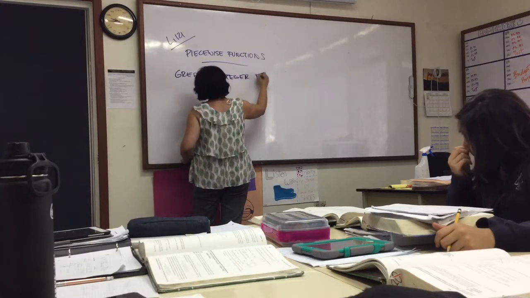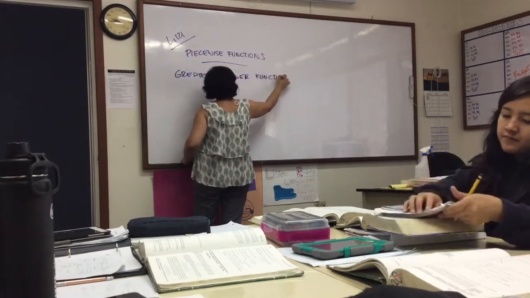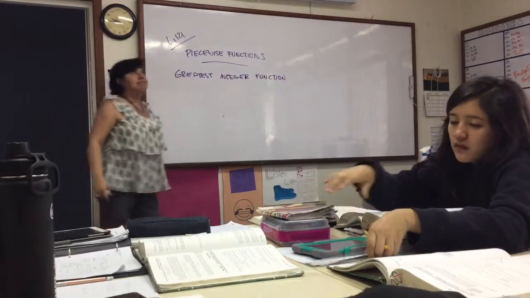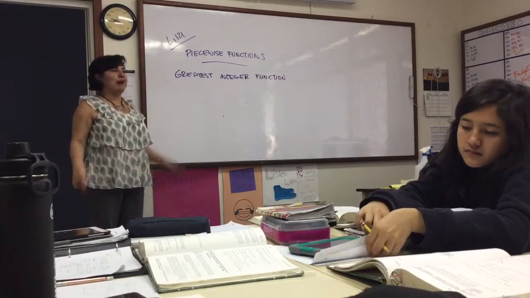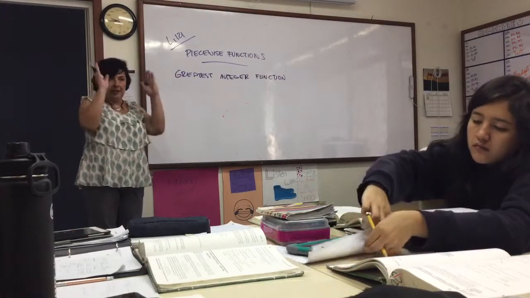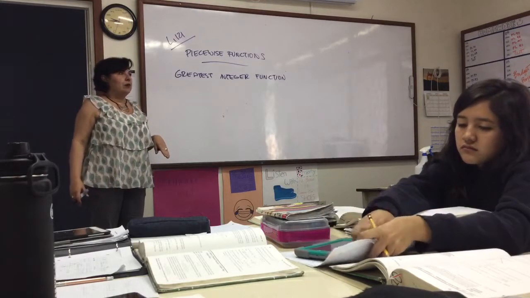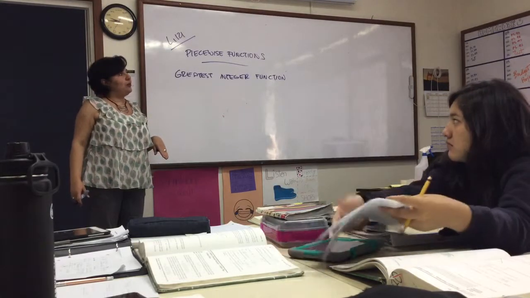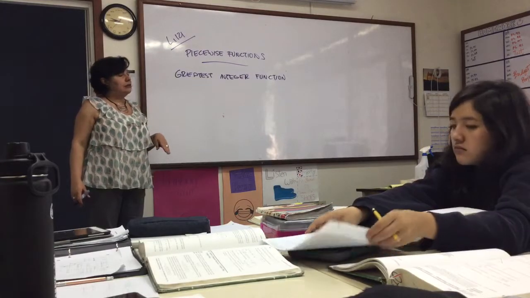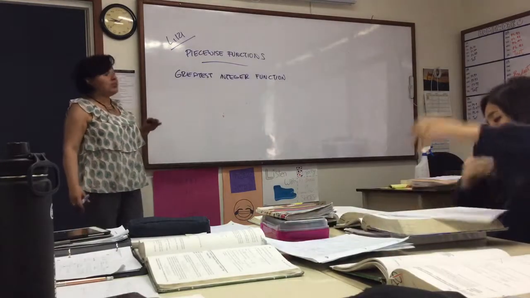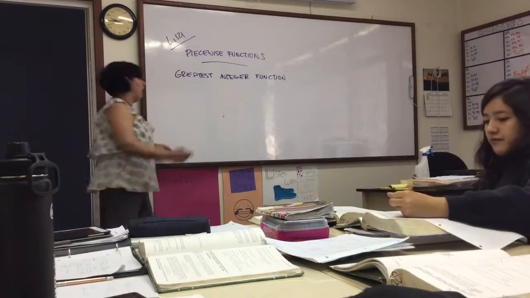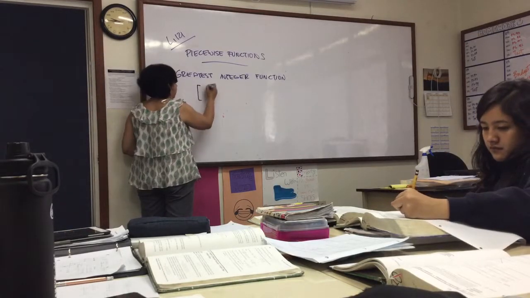First of all, this one has, just like absolute value has its own symbol, and it's the straight lines. And what else has its own symbol? Well, integrals and other things. The greatest integer function has its own symbol as well. And it's like this.